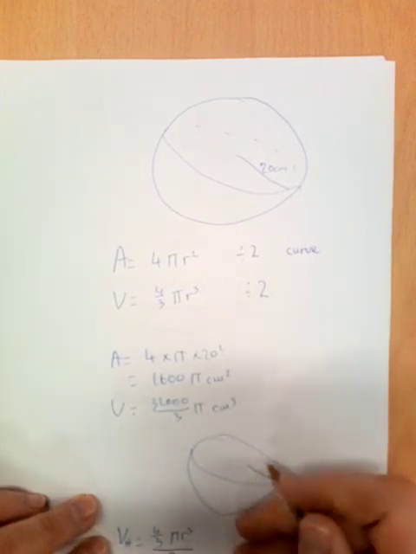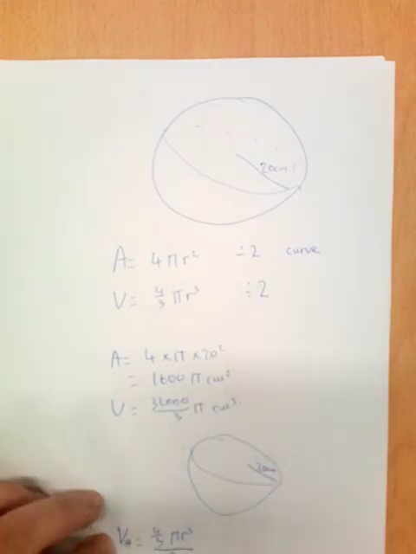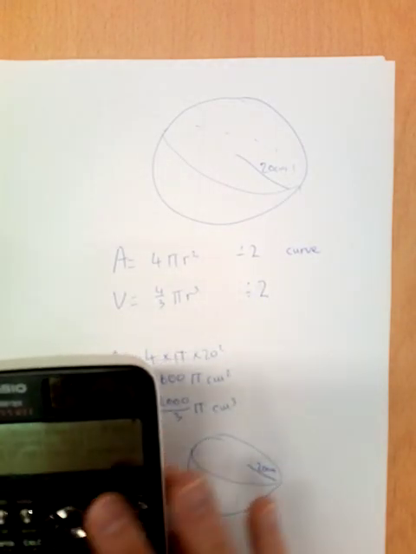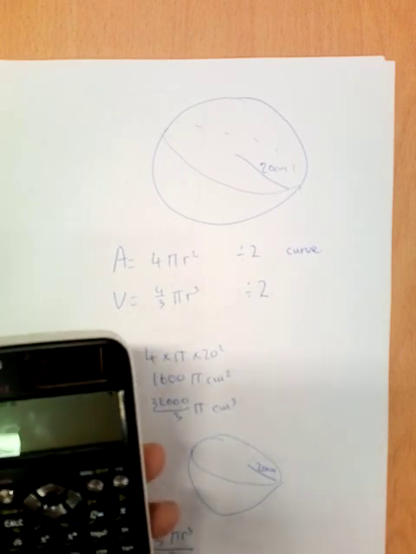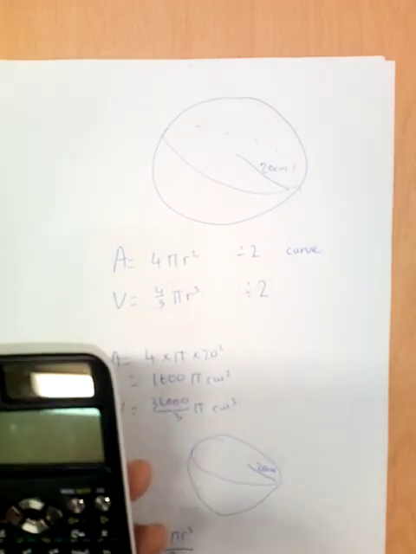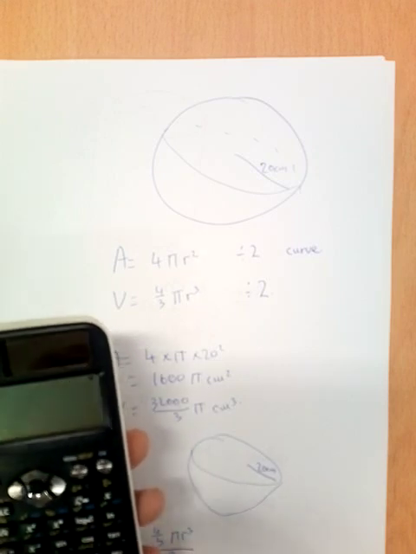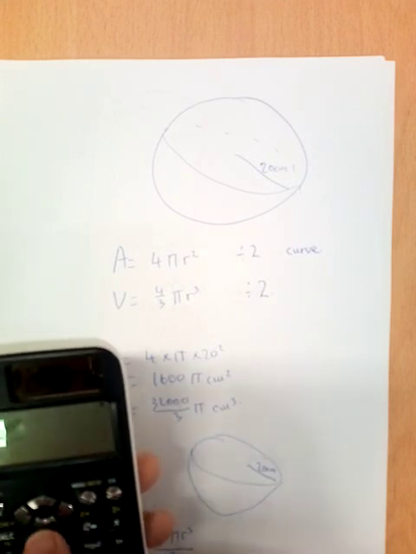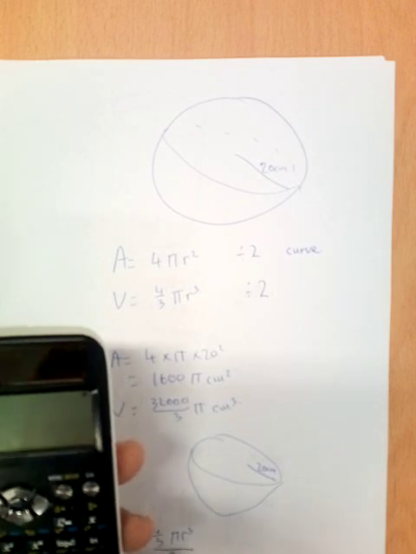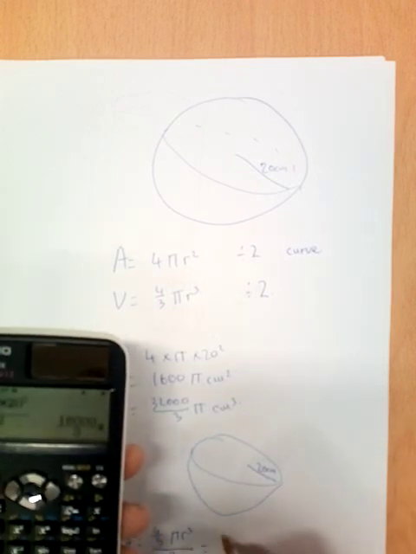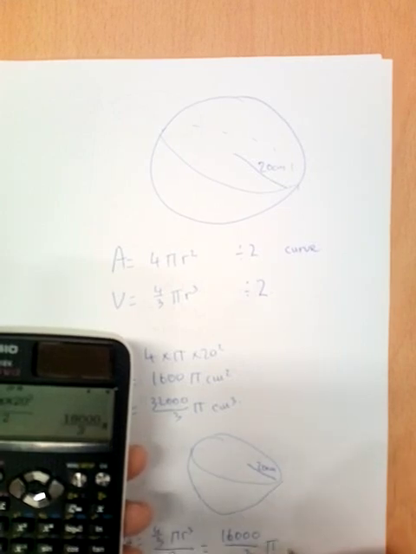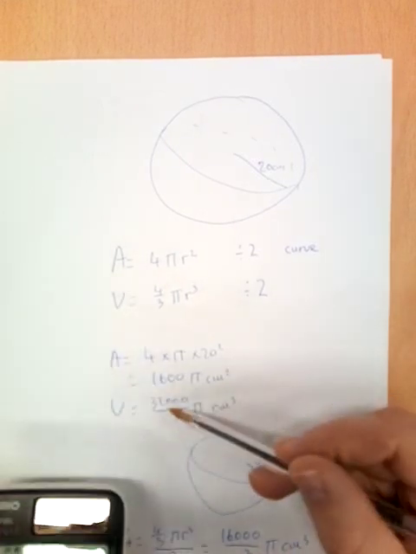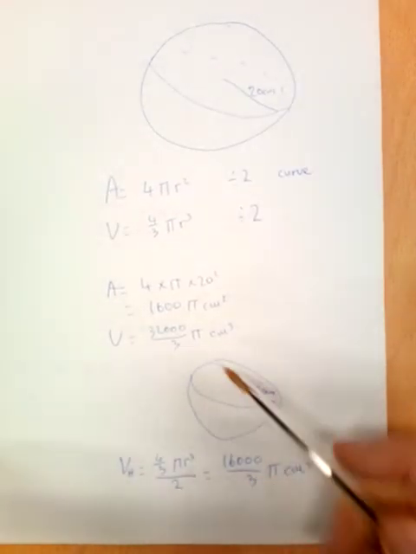So again, if I go with 20 centimeters, that's 4 over 3 multiplied by pi multiplied by 20 cubed, and I'm going to divide that by 2. And there's your answer, 16 over 3 pi centimeters cubed. As you can see, it's just half that answer. Okay? Just half that answer.